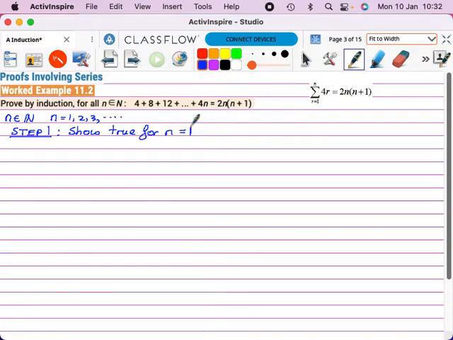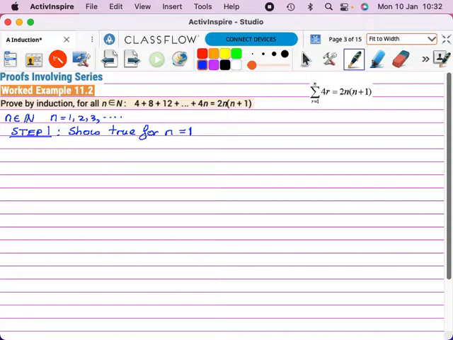But in actual fact, for the inductive process, it is the smallest value of n that they give you. Now, the smallest value of n here that they give me is n equals 1. But don't get into that habit of always assuming it's n equals 1. It could be 2, could be 3, could be 4. It depends on the question. But for this particular question, we have to show it's true for n equals 1.